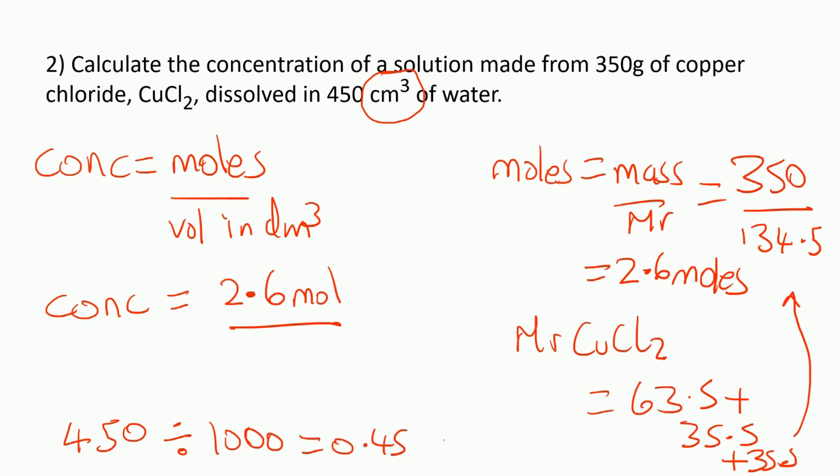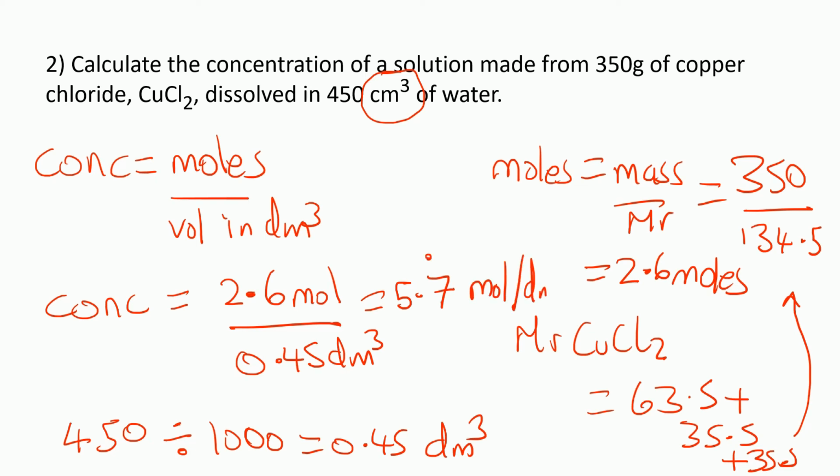And when we do 2.6 divided by 0.45, we get 5.7 recurring, and it's going to be moles per dm cubed because we've got moles divided by dm cubed. So that would be our answer to that one.